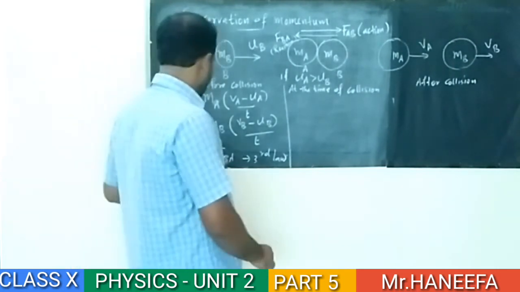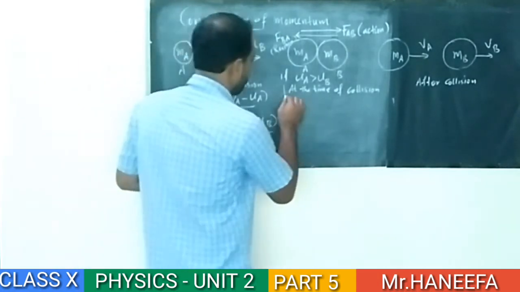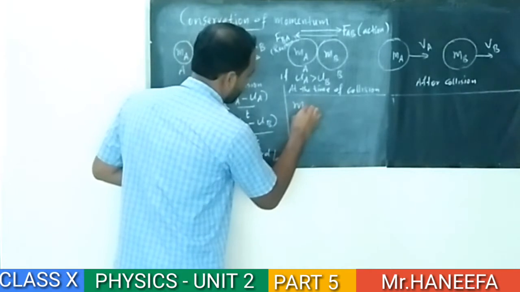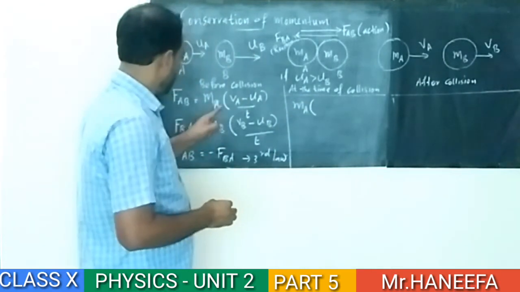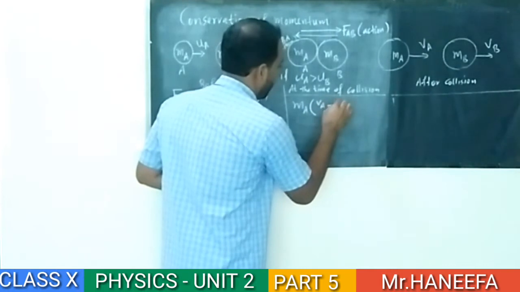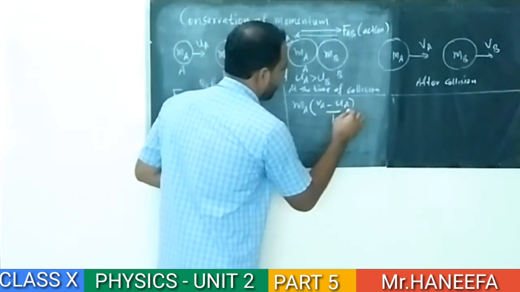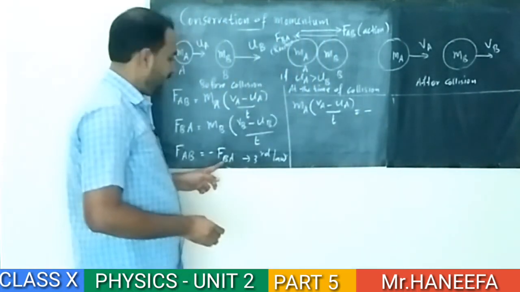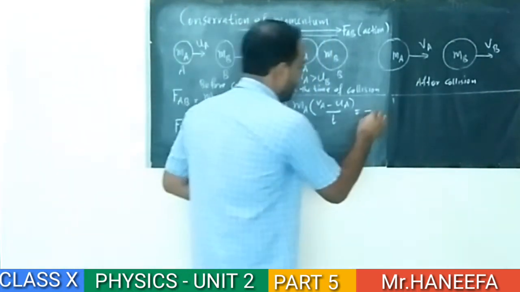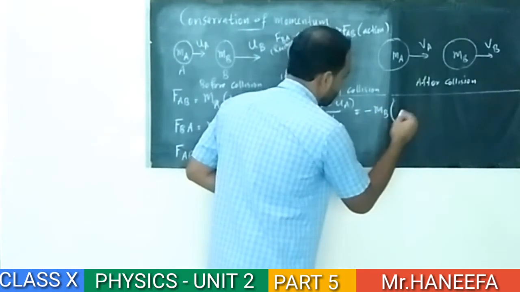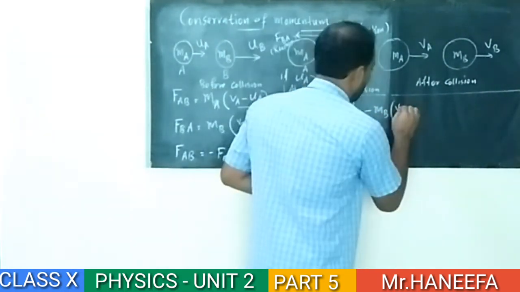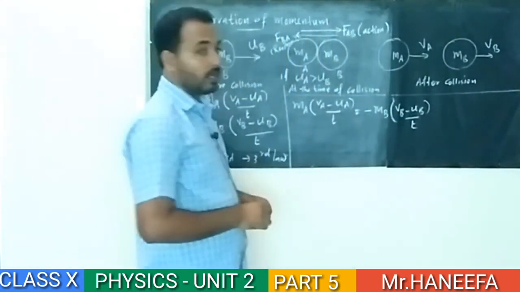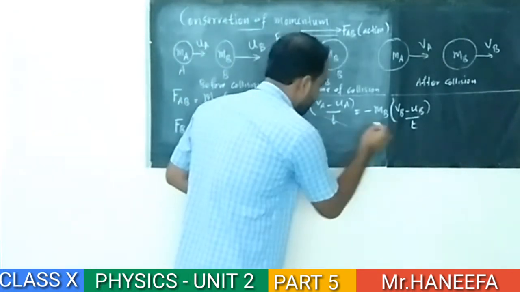So we can write ma into (Va minus Ua) by t equal to minus mb into (Vb minus Ub) by t. On both sides t is cancelled.